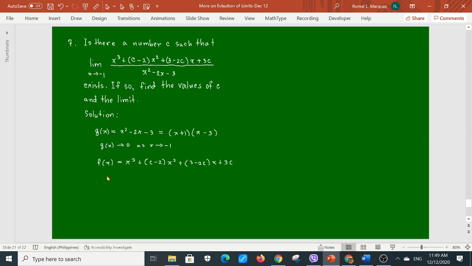So f of negative 1 is equal to negative 1 cubed plus (c minus 2) times negative 1 squared plus (3 minus 2c) times negative 1 plus 3c. And I want this to be equal to 0.